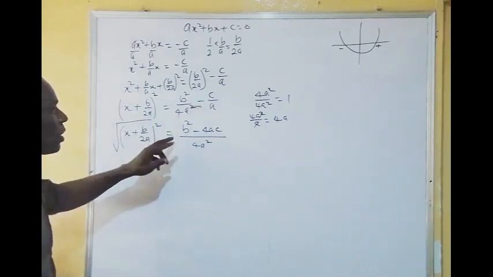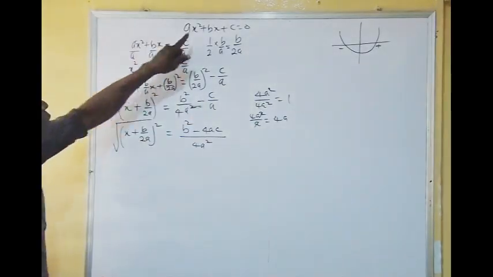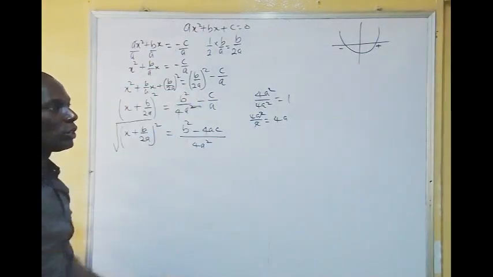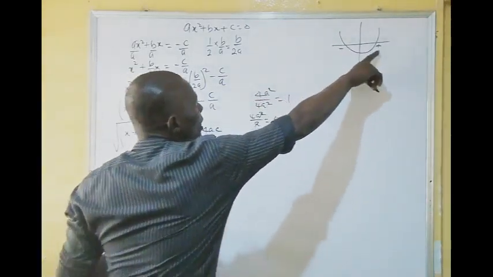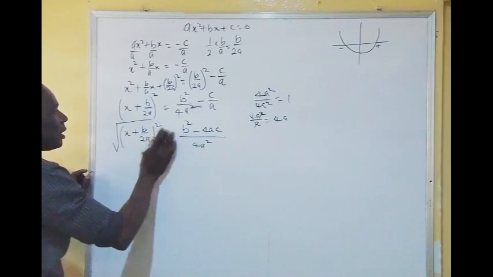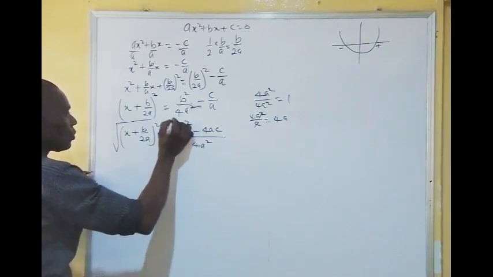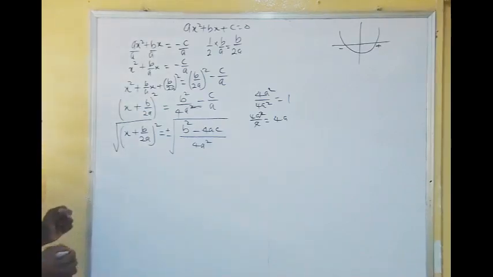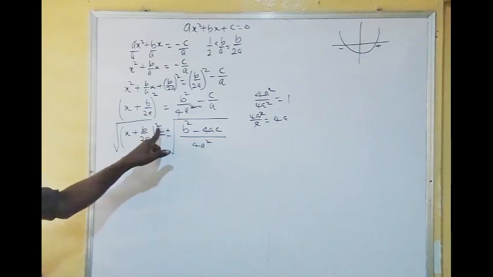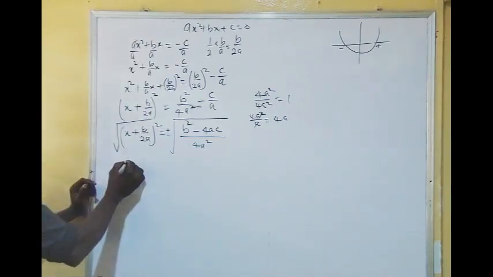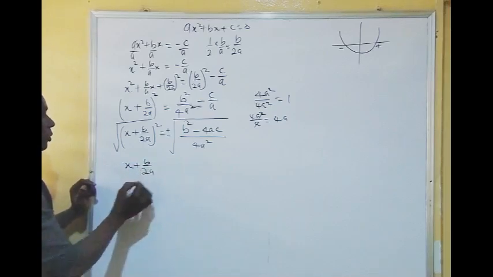But when we are taking the square root of both sides, because in a quadratic equation the highest power of the unknown is 2, we're going to obtain 2 results, one that is negative and one that is positive. In that case, we put plus or minus first. We put the square root and cover all the terms here. So the square root here takes care of the square here. So this becomes x plus b over 2a.